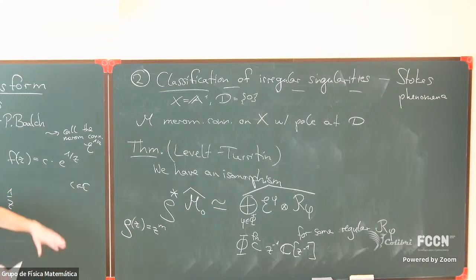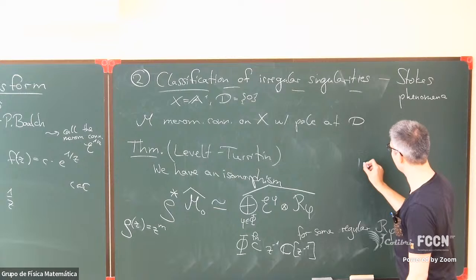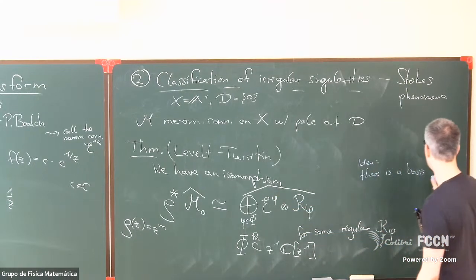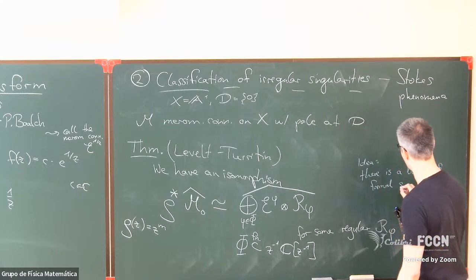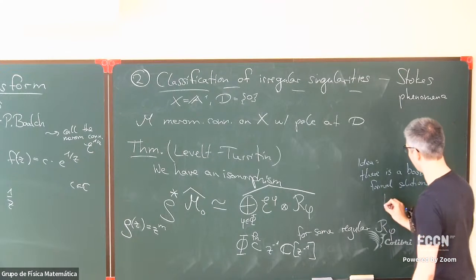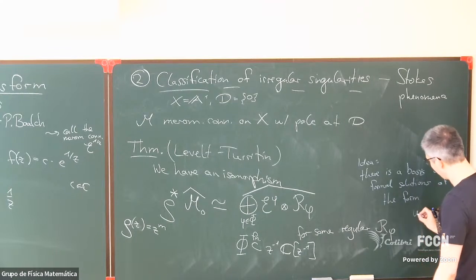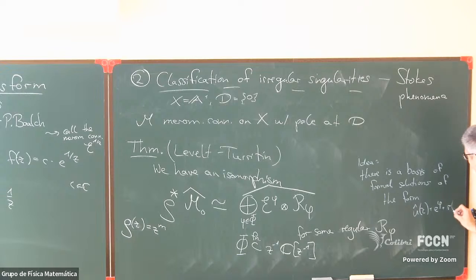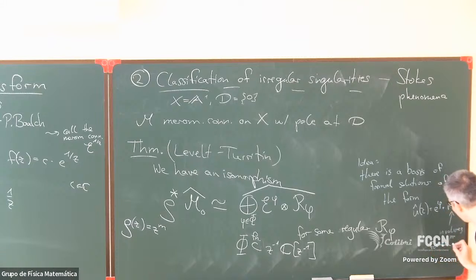of this form. So this might look very technical now, but what it actually means, the intuition you should have about this, is that formally there is a basis of solutions of the form, well, an exponential e to the phi times some function r of z, and this is something regular, which means this might involve formal power series, logarithms, and so on, but no exponential, no essential singularities.